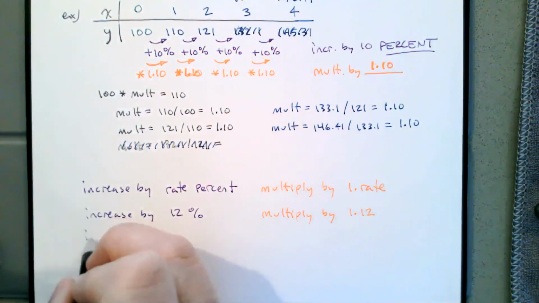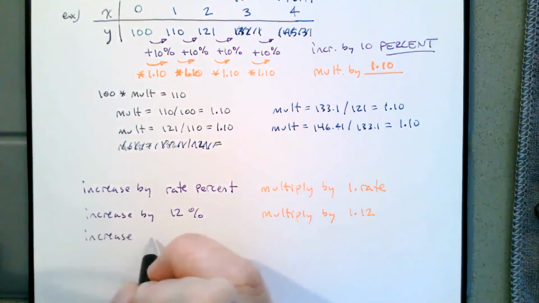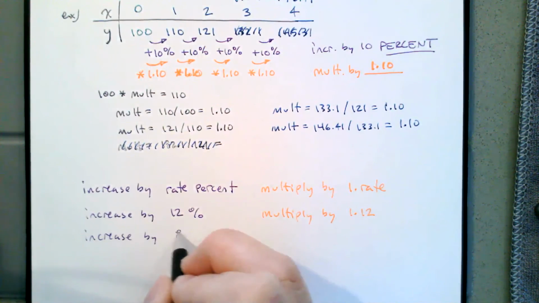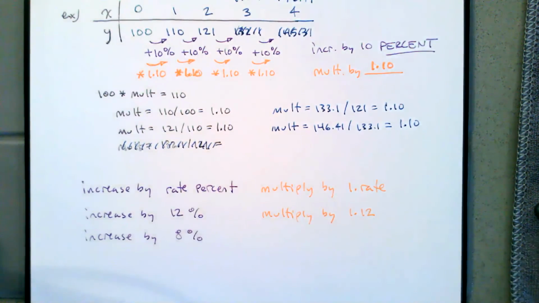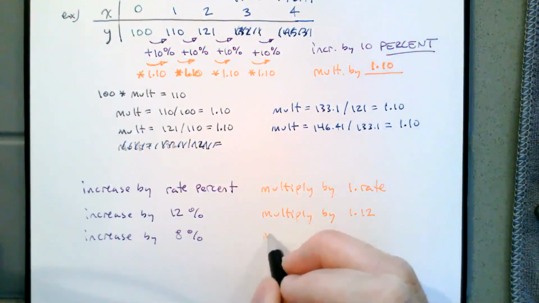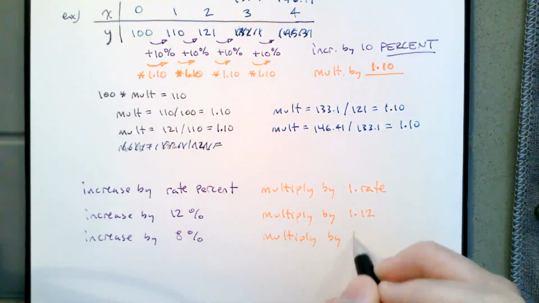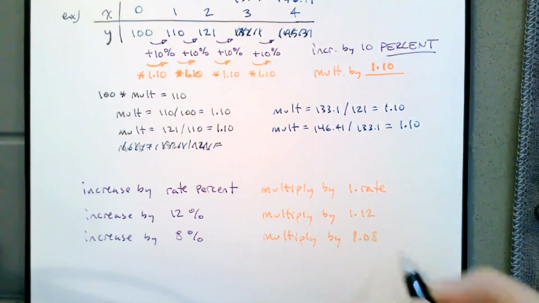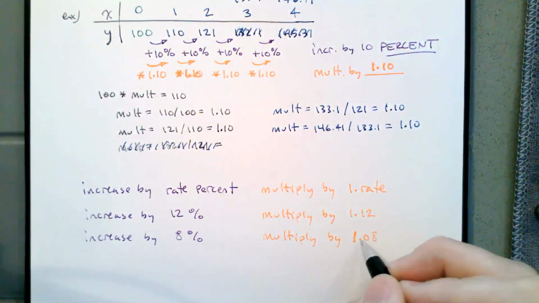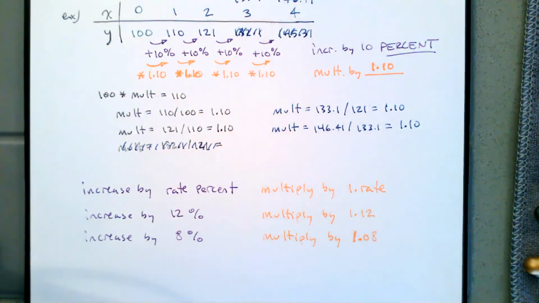If we have an increase by 8%, that means we should multiply by 1.08. Now we could have decimal percentages.